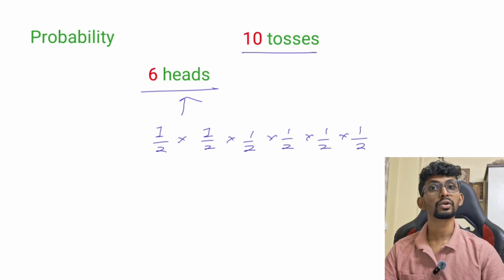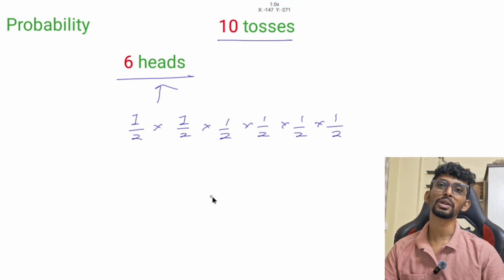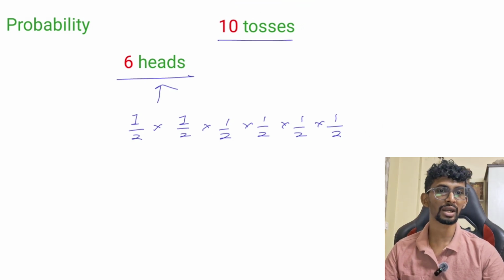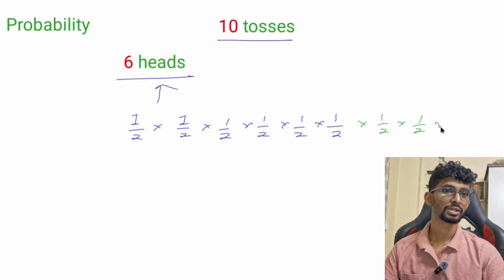Now the rest 4 trials will be tails, and the probability of getting tail is also 1 by 2. So for tails you can write 1 by 2 times 1 by 2 times 1 by 2 times 1 by 2.